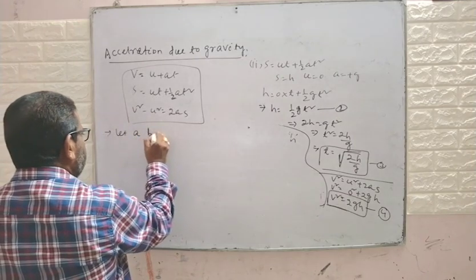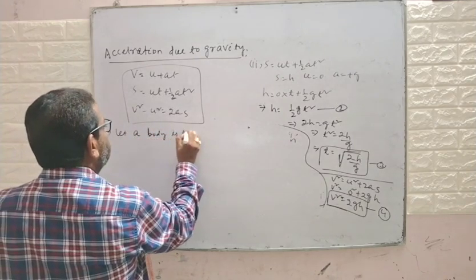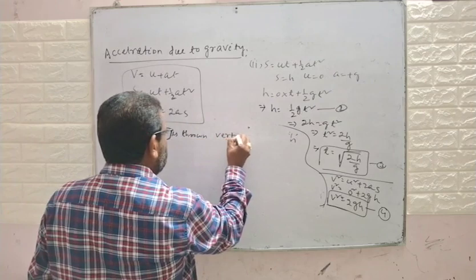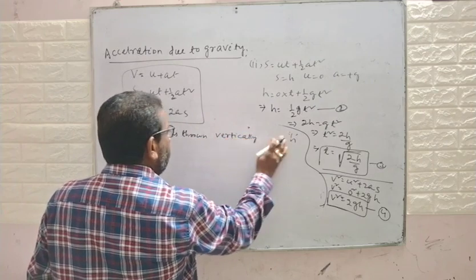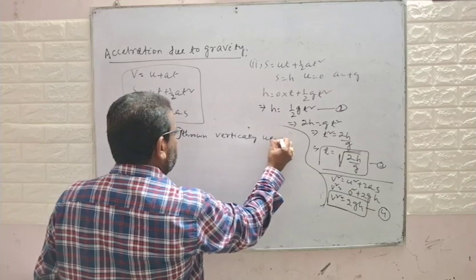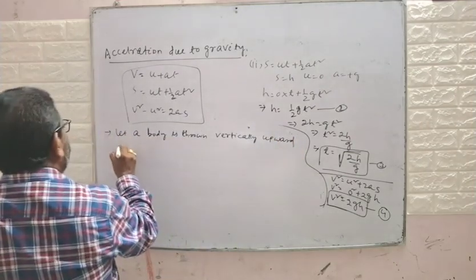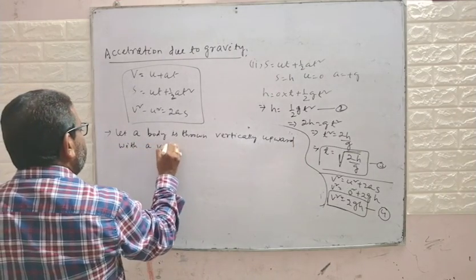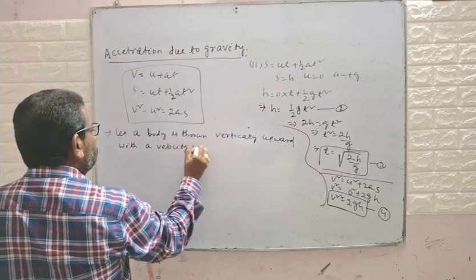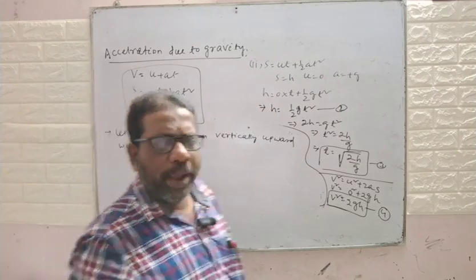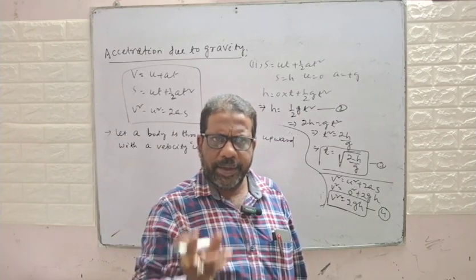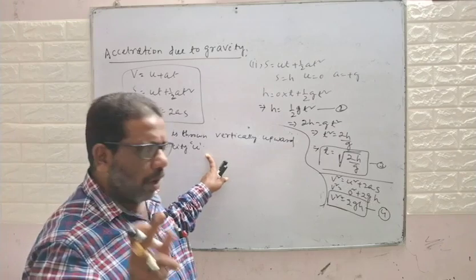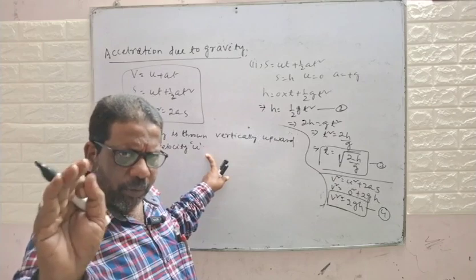Let a body be thrown vertically upward with a velocity u. When we throw a body vertically upward, it will go to a certain height. After that, its velocity becomes 0.